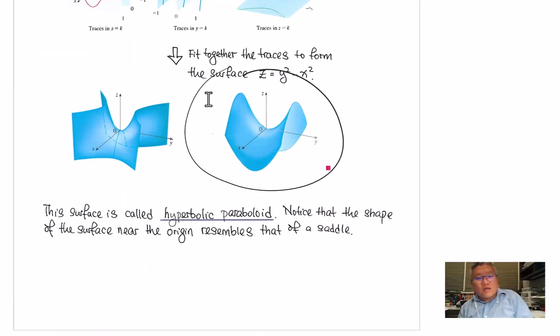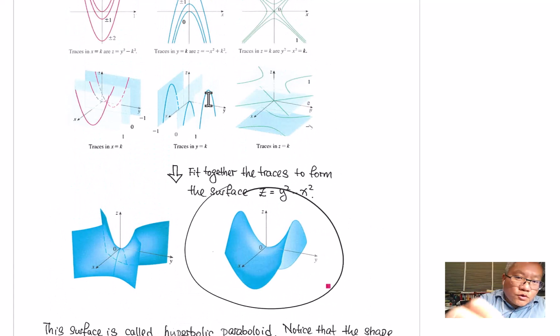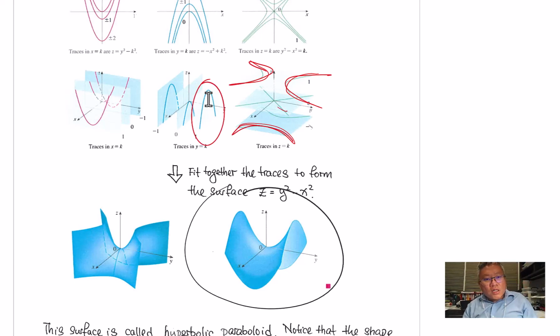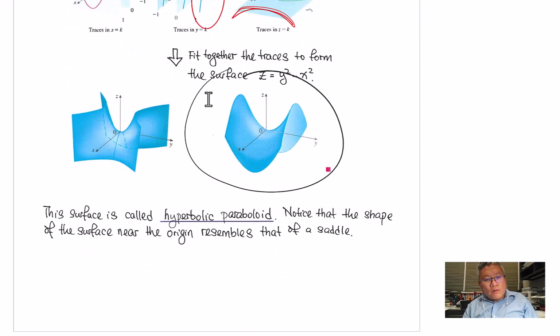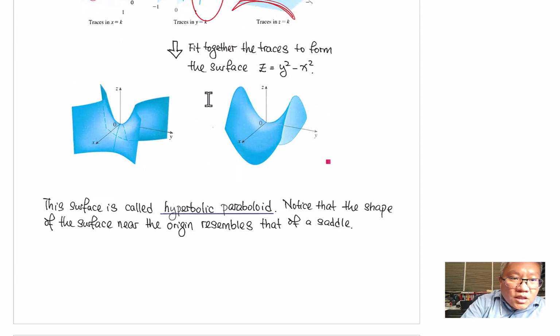This is called a hyperbolic paraboloid. Why is it called hyperbolic paraboloid? Because we are also not very creative at naming stuff. This kind of stuff is called a hyperbola, but this kind of stuff is called a parabola. So you have a hyperbolic paraboloid, and they call this object a saddle. We will use this terminology a lot as well.